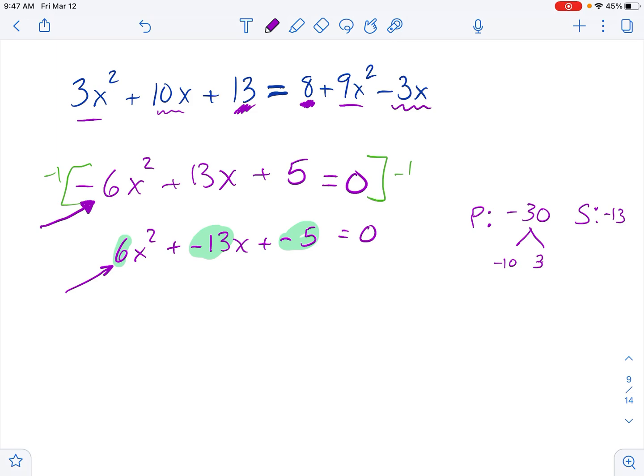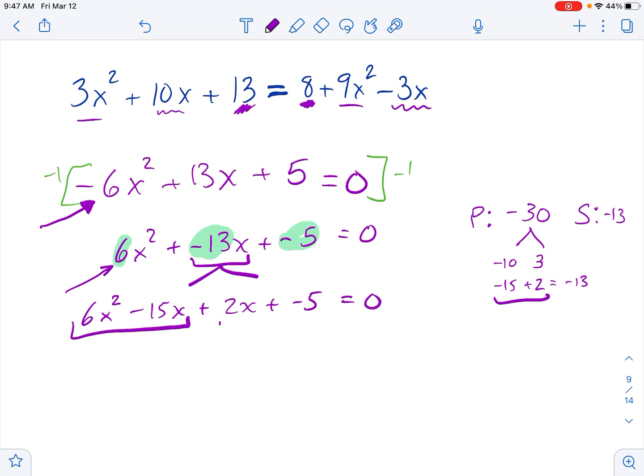I really wanted -10 and -3, but that would not have multiplied to give me -30. So I guess I'll have to opt for -15 and 2, because those add up to give me -13. So now I'm going to rewrite my -13x using a -15x plus a 2x.